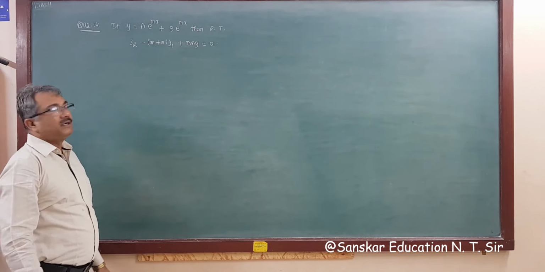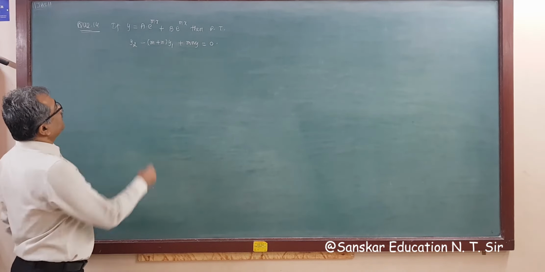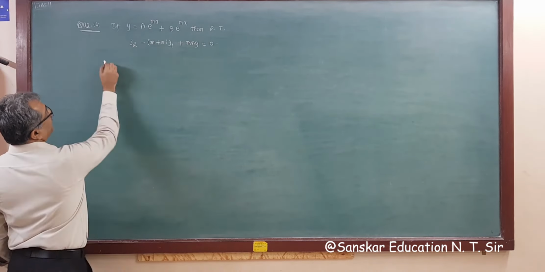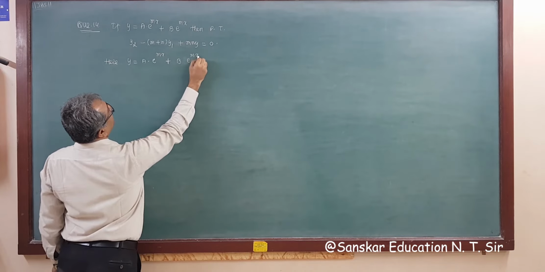So this is our question. Now here, what is given? y is equal to a e^(mx) plus b e^(nx). This is result number 1.